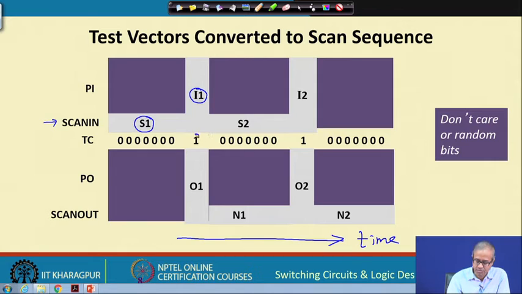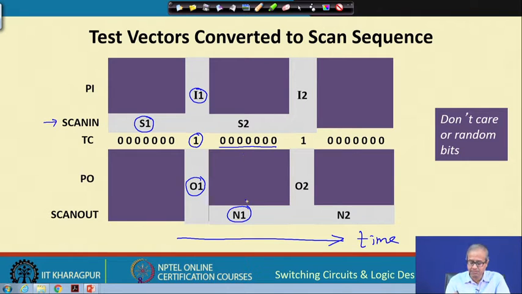Now you are in the normal mode, TC equal to 1. After doing this you can get the outputs through PO, and whatever is the secondary output N1, the next state, you set TC to 0 again and shift them out through the scan out.